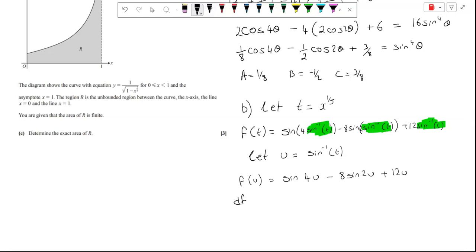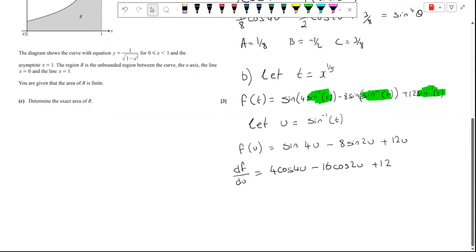I'm going to get df/du, and that's going to give me 4 cos 4u minus 16 cos 2u plus 12. But that's df/du. Remember I want df/dx. So I could say that df/dx is equal to df/du times du/dx.